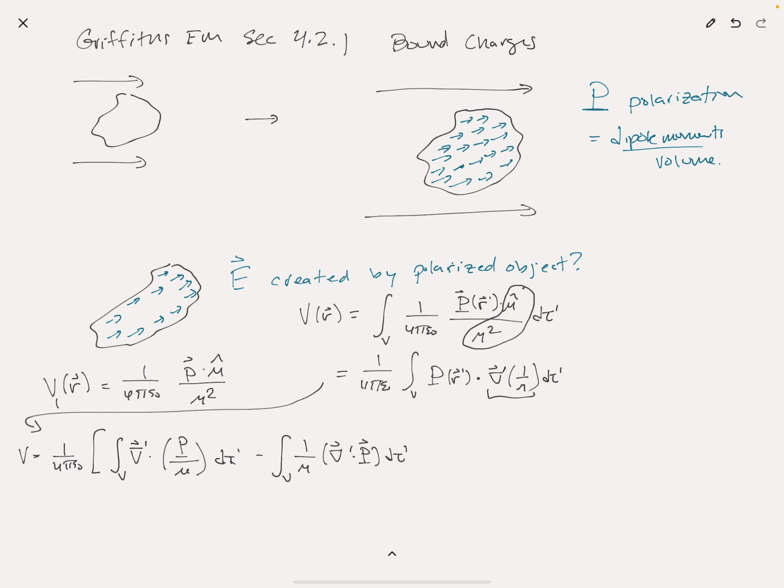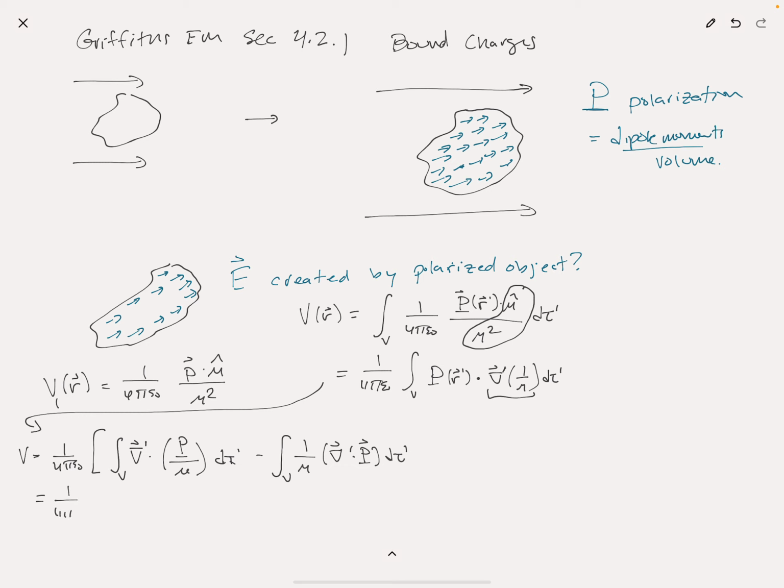Okay, we're going to invoke the divergence theorem for the first integral. Because I have a del dot p here integrated over the volume. So del dot p integrated over a volume is like a surface integral of p dot dA.